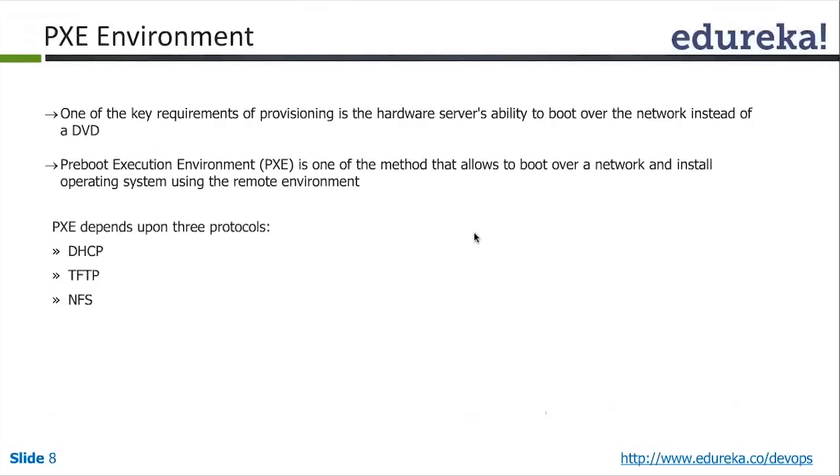He pulls it down, boots it. Once he boots that small environment, he is now in a position to locate the next step, that is the actual operating system itself.